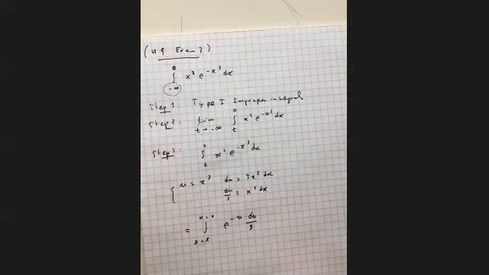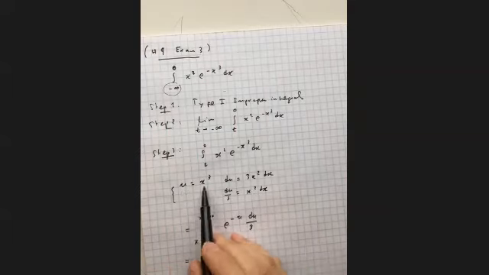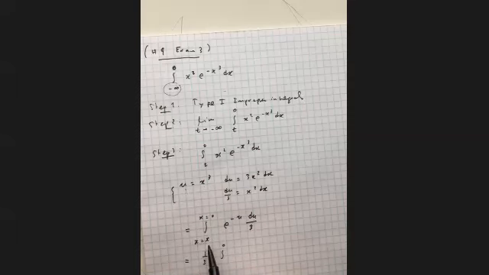So how do we keep writing this? We can move the 1 over 3 outside. When x equals 0, u is 0, and when x equals t, u equals t cubed. And you have e to the minus u du.